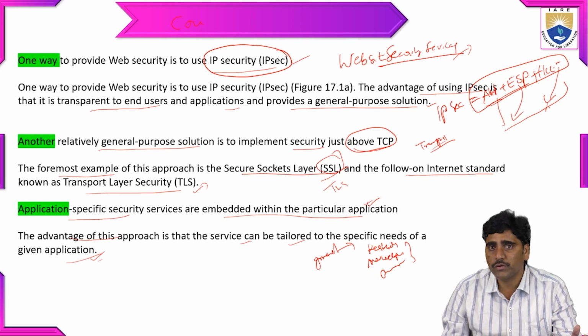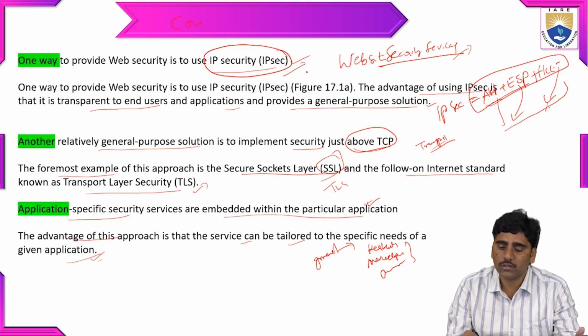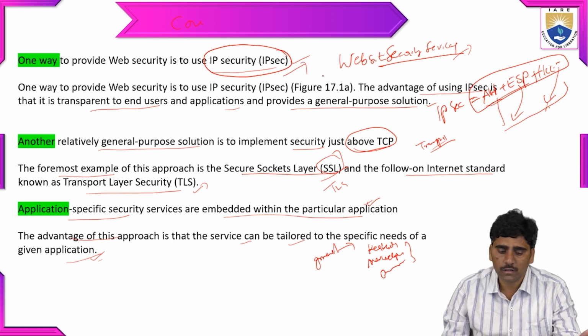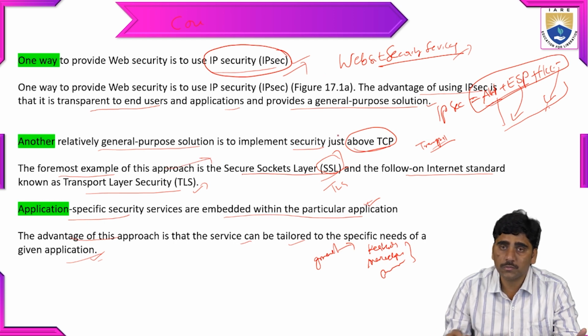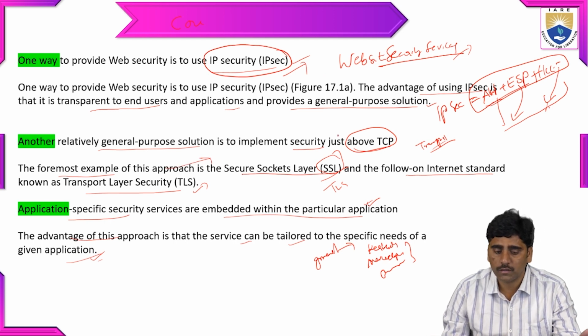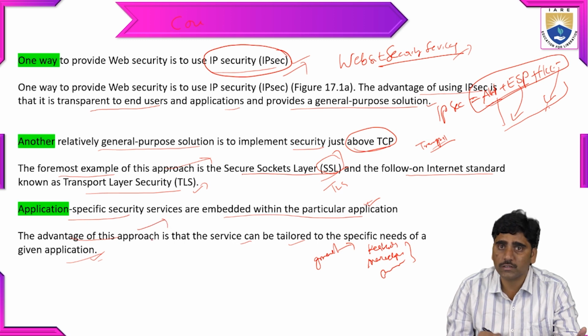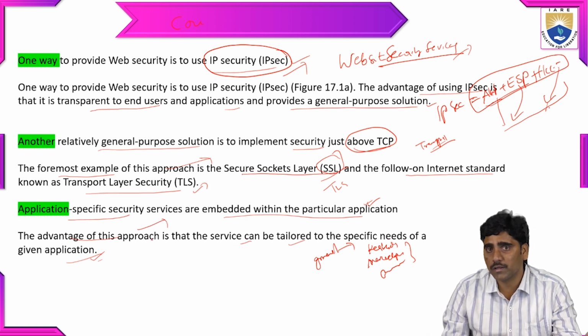The best way to provide security against all these web threats is providing IP security under the TCP layer, providing transport layer security above the TCP layer, and providing application specific security for each and every application in the application layer.